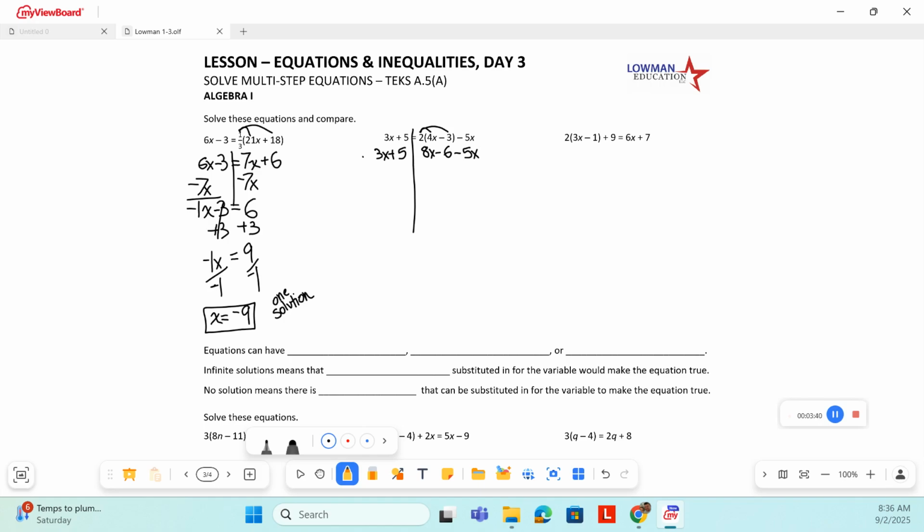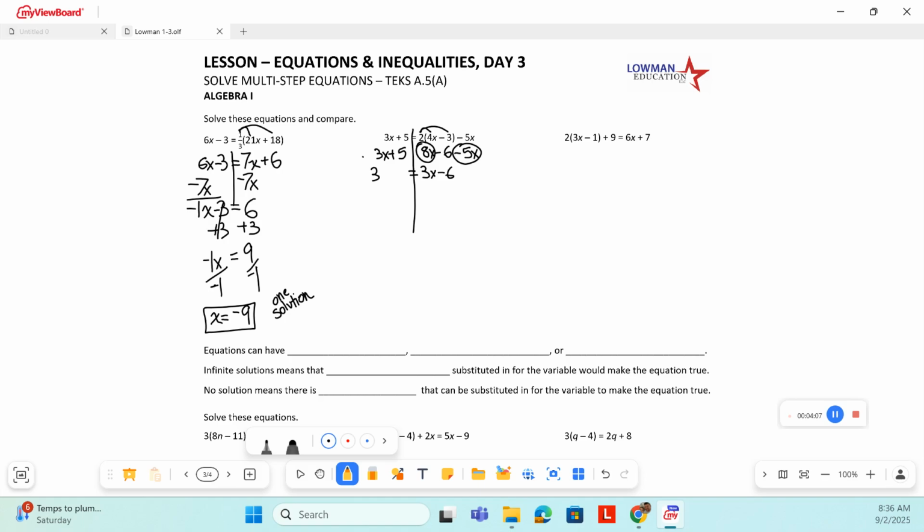So we've got some combining we can do, and again, you might do these steps all at once. I'm writing them out so you can see the differences. So 8x minus 5x gives me 3x minus 6. That is combining like terms.